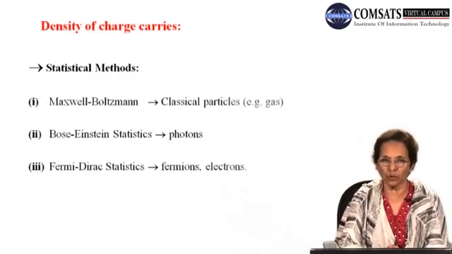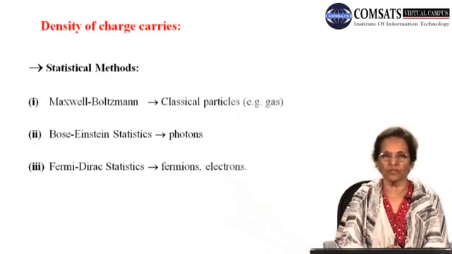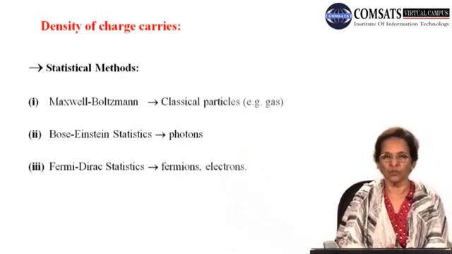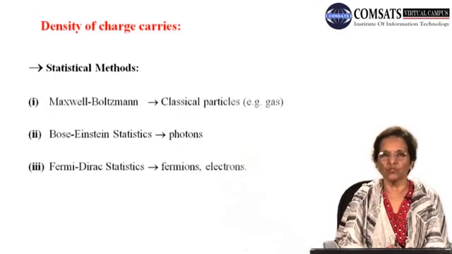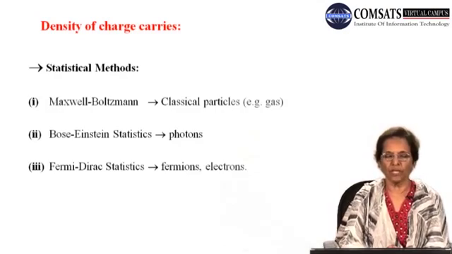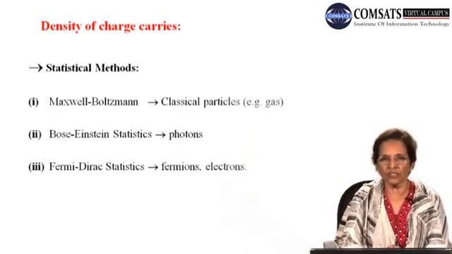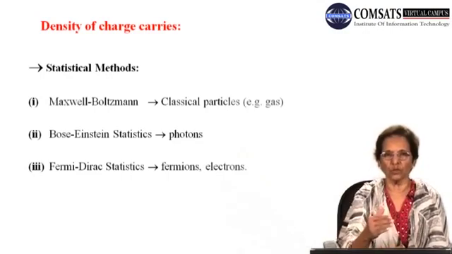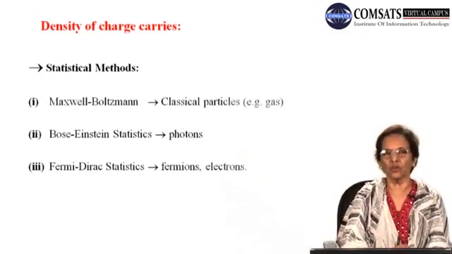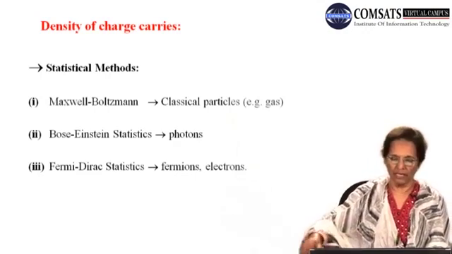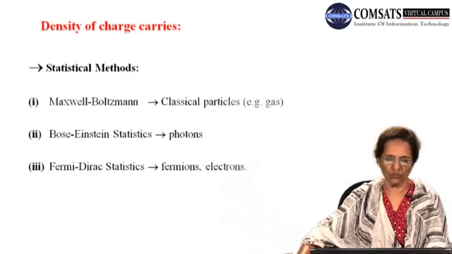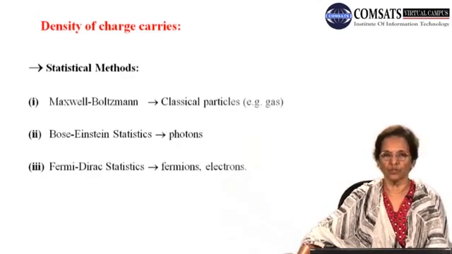Fermions are that class of particles which have spin one-half, and they are subject to Fermi-Dirac distribution or Fermi-Dirac statistics. So the statistics that we use in order to calculate the density of electrons and holes in a given semiconductor material is subject to the laws of Fermi-Dirac distribution.